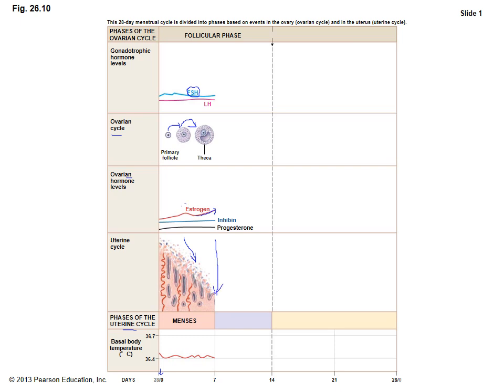So if you remember from what we did in the previous few slides, why does estrogen start to increase? Well, because these follicles are maturing in response to follicle stimulating hormone. Remember that the granulosa cells of these follicles secrete estrogen, and that estrogen released from the granulosa cells has a positive feedback loop back onto the granulosa cells which are producing it.